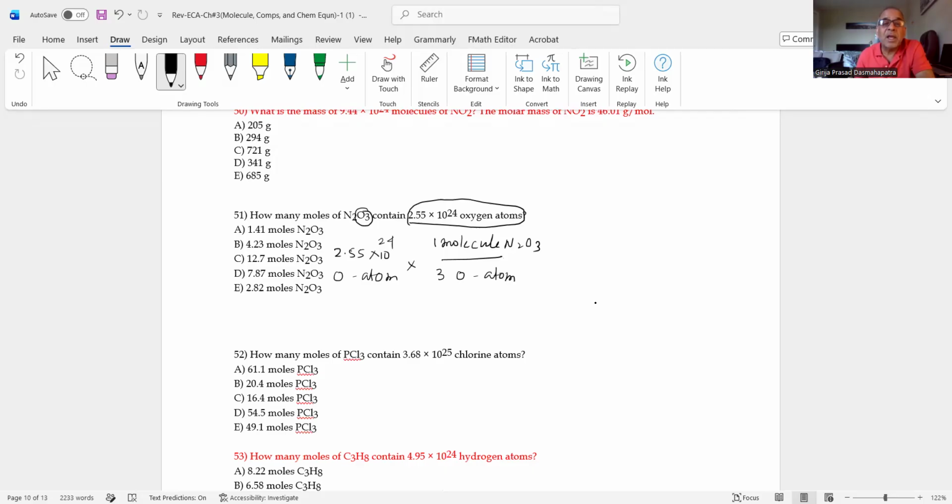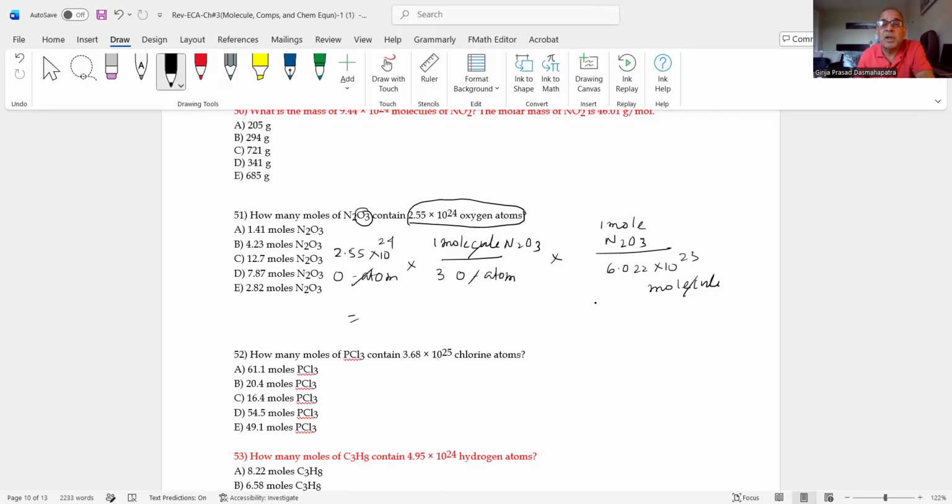Okay? And then they are talking about moles. So you know 1 mole of a substance always contains Avogadro's number of molecules. So it will be 6.022 × 10^23 molecules. So again, you look at it, atoms cancel, molecules cancel.